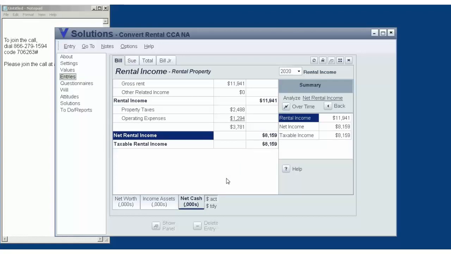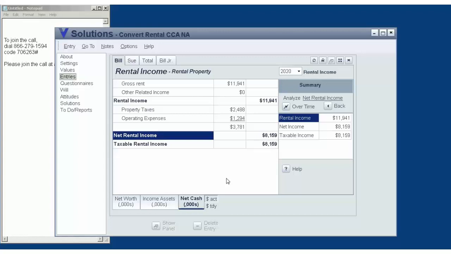Well, what happens in this case is that if we don't claim CCA, we are subject only to a capital gain from the time it was a rental property until the time we convert it. However, we don't have to pay the tax until we actually sell the rental property, or what is now the residence, or transfer it to a non-spouse by way of our will.